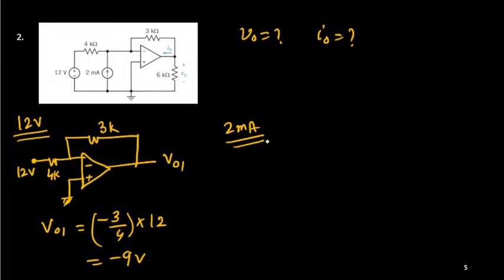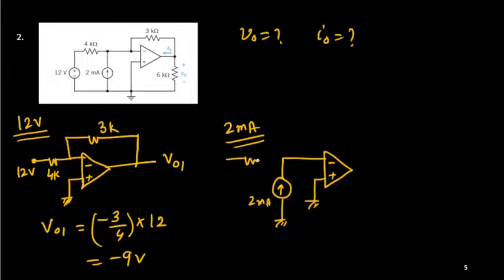So the 2 milliampere current source, now we are considering. Okay, so what is the circuit? Circuit is like this. This is minus, this is plus, this end is grounded. Here the current source is there, that is your 2 milliampere.